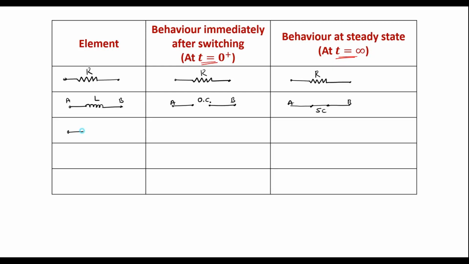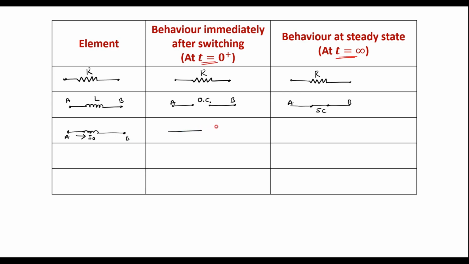Now let me assume there is an inductor and let me assume the initial current in the inductor is I0. So if before the switching operation the initial current in the inductor is I0, then immediately at t equal to 0 plus, the inductor acts like a current source.